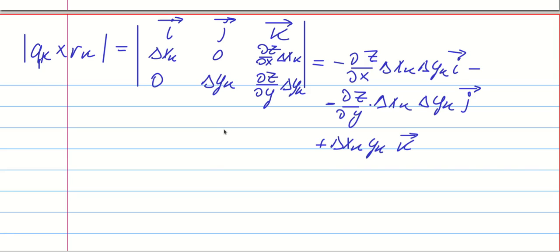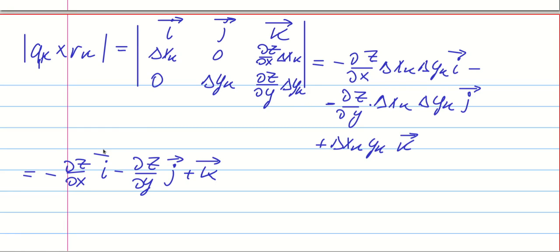All right, so we calculated everything. We see that delta x sub k, delta y sub k is a common factor. So we have negative partial of z with respect to x i, minus partial of z with respect to y j, plus k, times delta x sub k, delta y sub k.